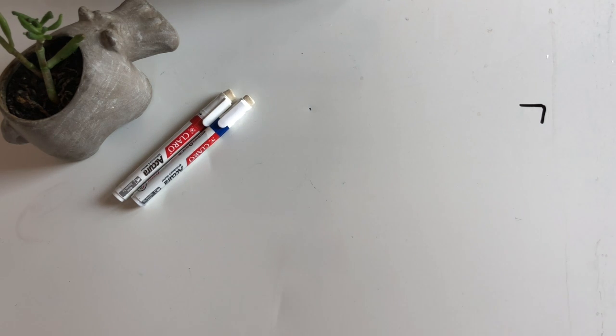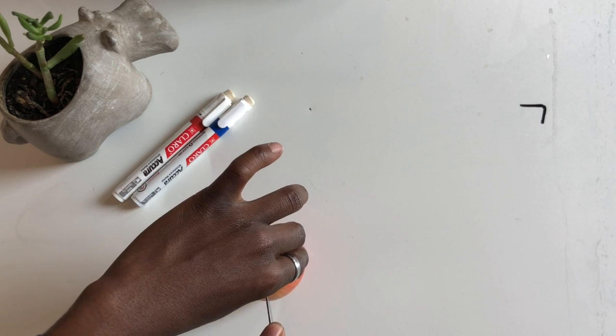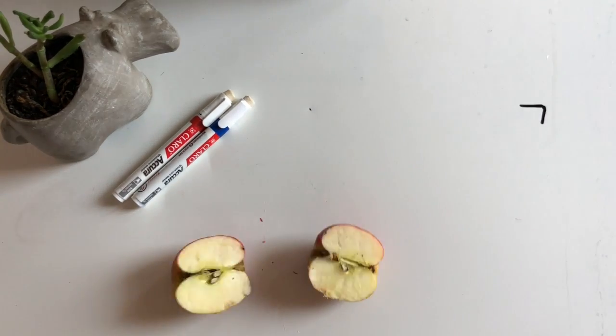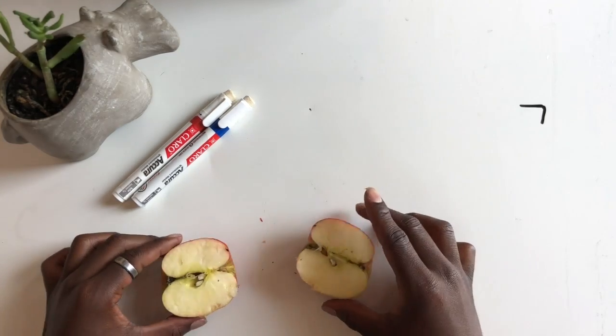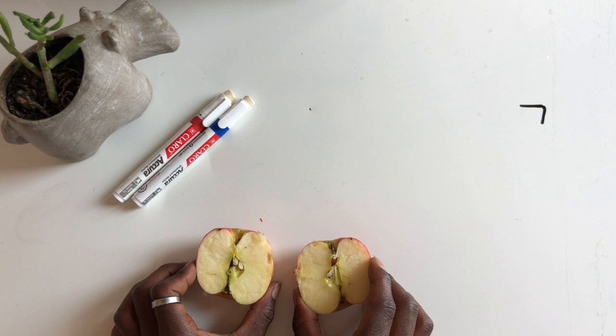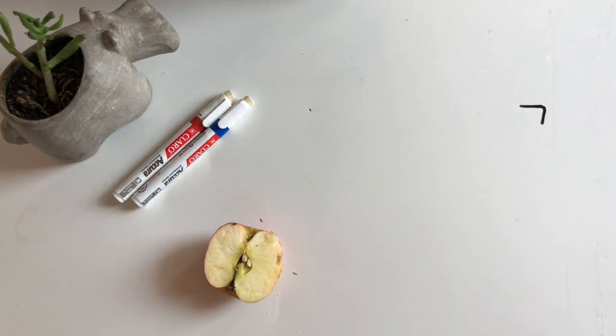So, for example, let's look at this apple here. If I decide to eat half the apple, now I have two halves. If I decide to eat one, I'm left with one half.